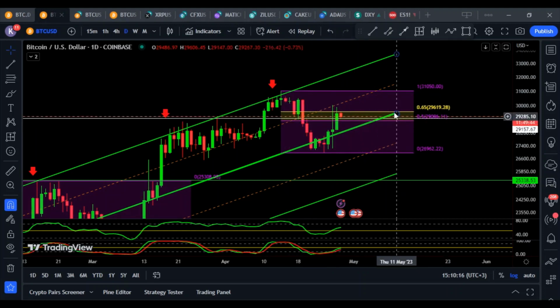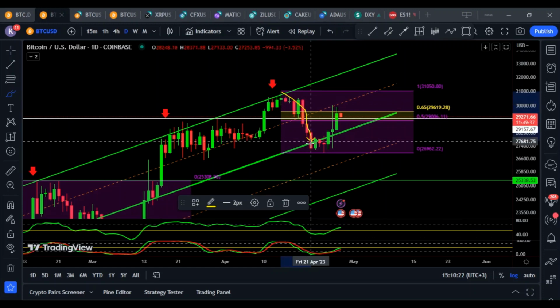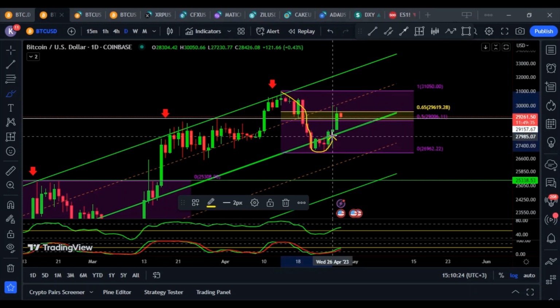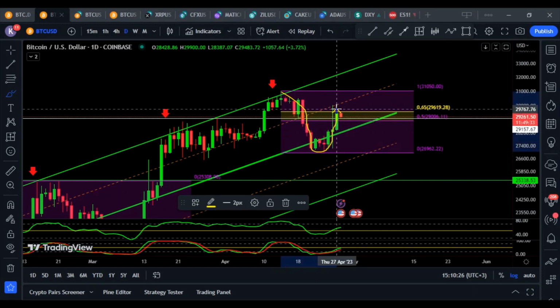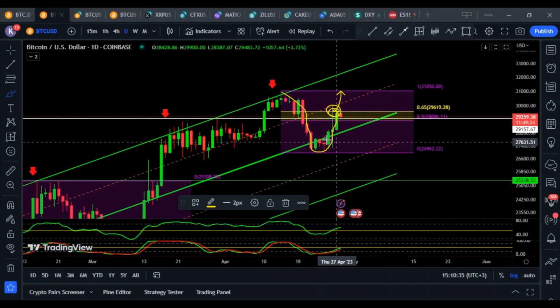This is the golden zone. We discussed this earlier as well. In every move to the downside, we tend to most probably go back up and retest our golden zone. And if we burst out of our golden zone, this would be a trend reversal.